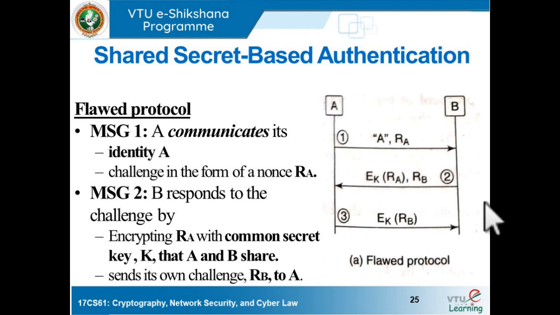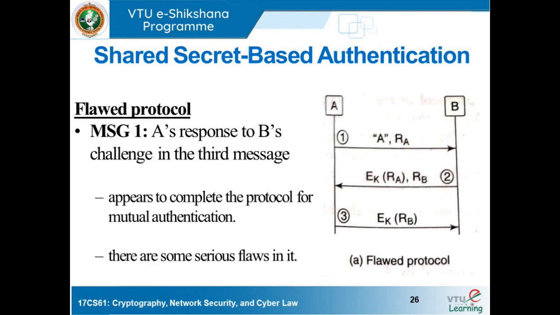In message 3, A responds back with the nonce RB, but still its response sent to B is encrypted with the key that is shared between A and B.